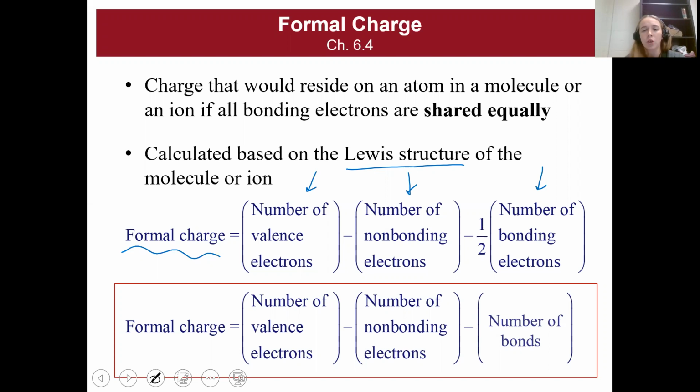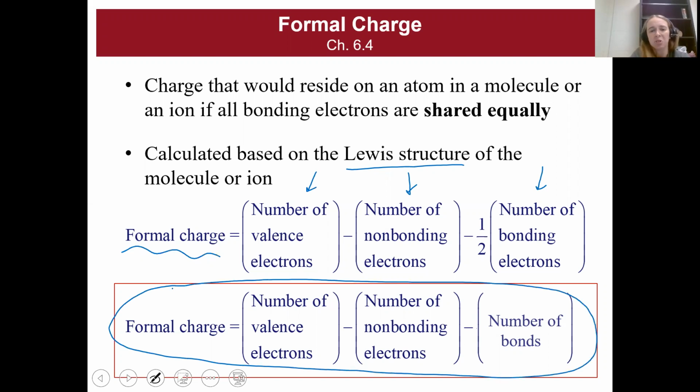So you can definitely try to remember it this way if you want, but I like to do it a little differently because it's one less step that you have to do. So what I like to do is to use the number of valence electrons and the number of non-bonding electrons. So just counting those dots around each atom. So calculate the number of valence electrons from the periodic table and then subtract the number of non-bonding electrons by counting the dots around the atom, if there are any.